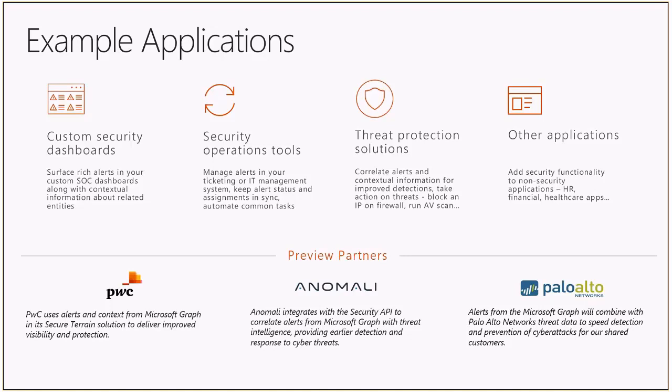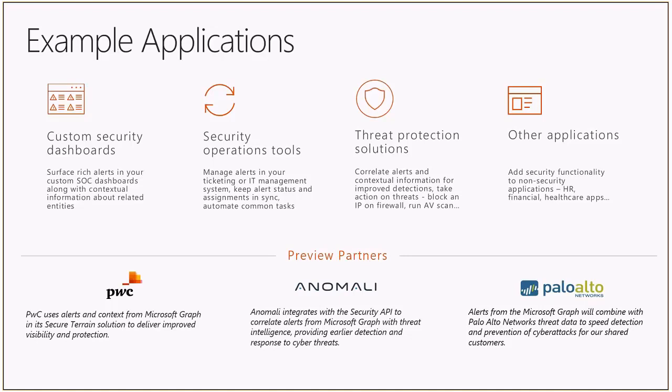And just to give you a couple examples of some partners that have integrated via the security API already, PricewaterhouseCoopers is using alerts and context from the graph in their secure terrain offer or solution to deliver improved visibility. Anomali, which has a threat intelligence platform, is aggregating alerts from Microsoft Graph and correlating them with their own threat intelligence to enable more rapid investigation.